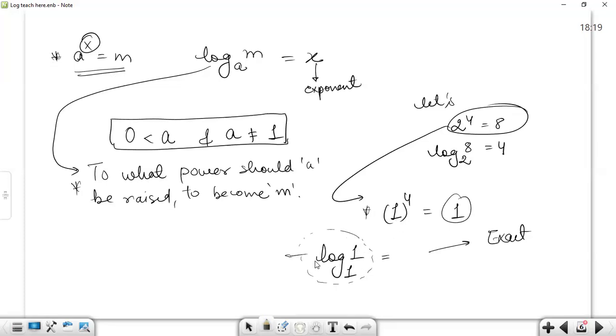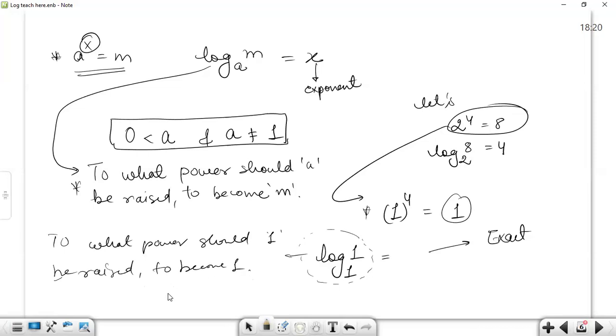So now what this is questioning is: to what power should 1 be raised to become 1? So 1 raised to power 0 is what? Answer?